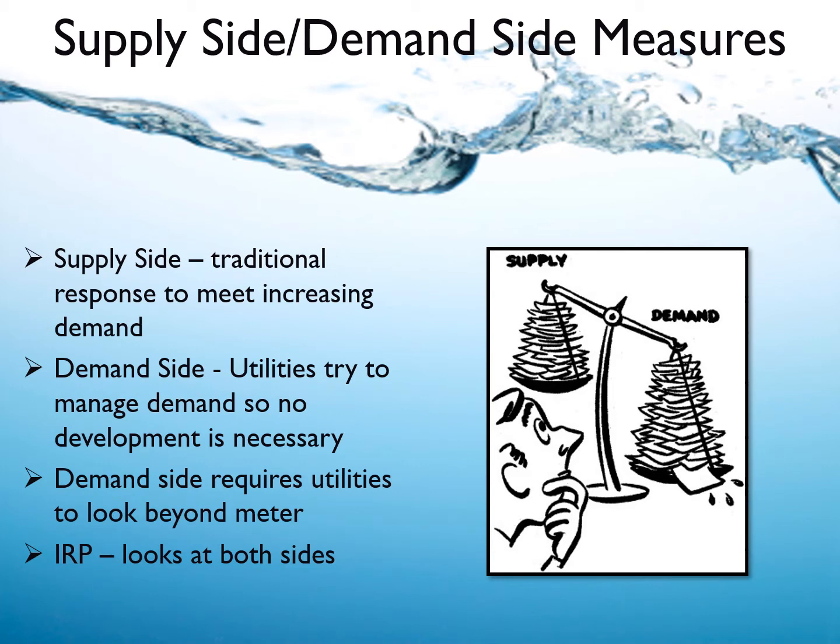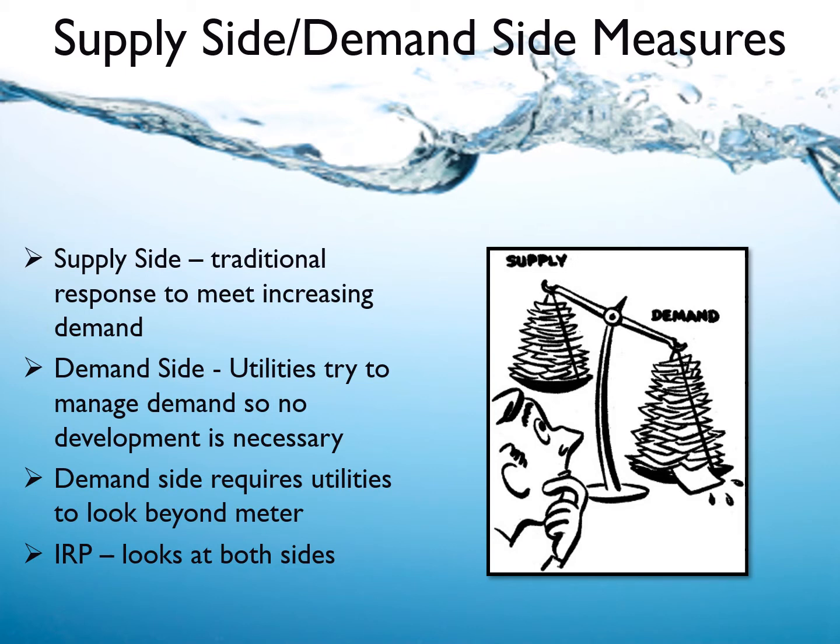But it's in a lot of ways easier to manage than trying to get 30,000 different residences to reduce demand. It's one big problem versus 30,000. Even though the expense is much higher in supply side, often people don't look at the dramatically reduced expense of using demand side measures.